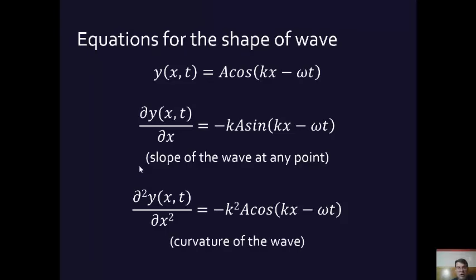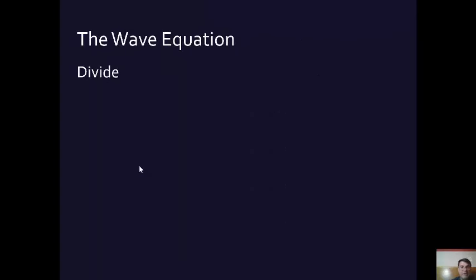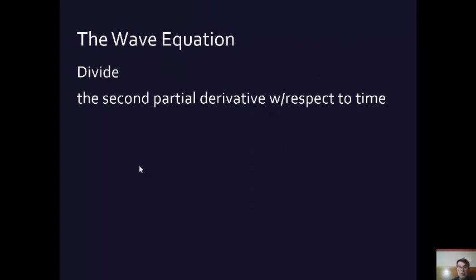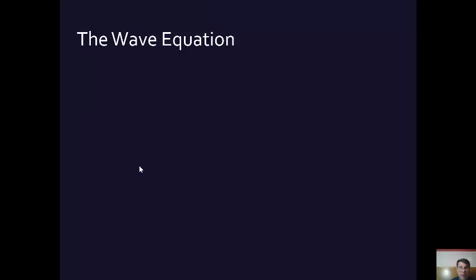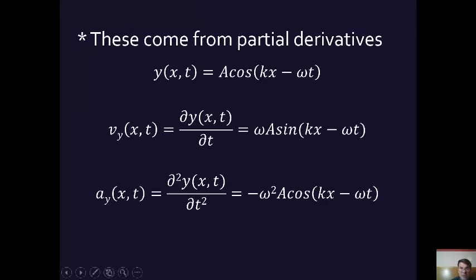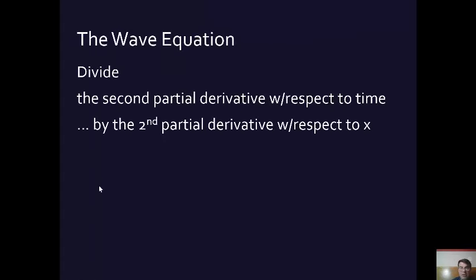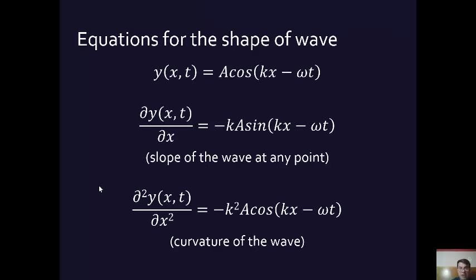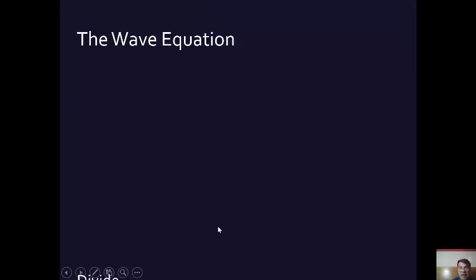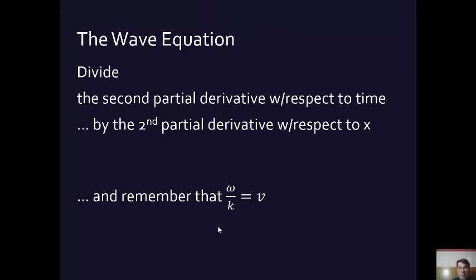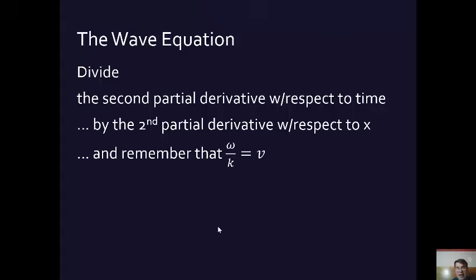Now, the wave equation. Now we're ready for the wave equation. So if I divide the second partial derivative with regard to time, let me remind you what that was. Okay, this bottom part is the second derivative with regard to time. If I divide that by the second partial derivative with regard to x, which is this bottom one here, if I divide those two, and if I remember that omega divided by k is the velocity, I'm not going to show it, it's in the book.